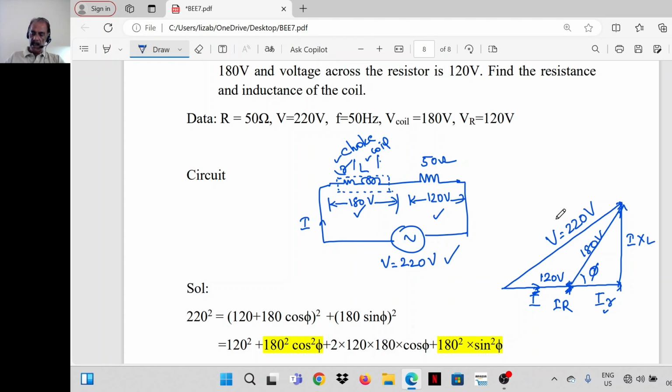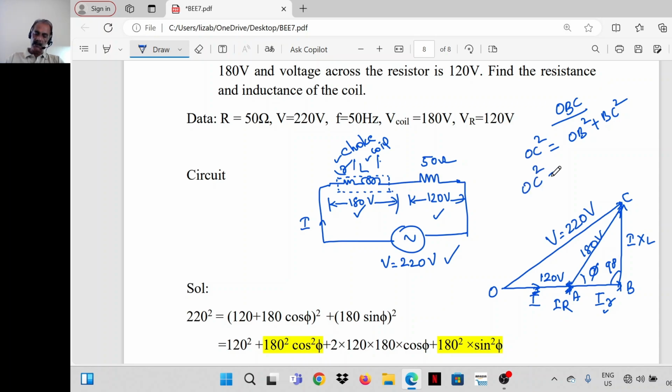Now from this phasor diagram, mark it as O, A, B, C. Now consider the triangle OBC. OC square is equal to OB square plus BC square, where this angle is 90 degrees.